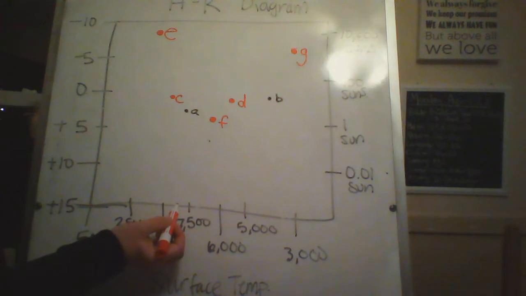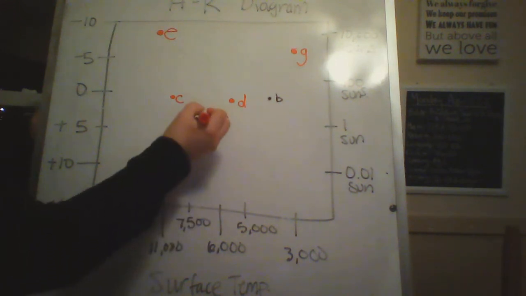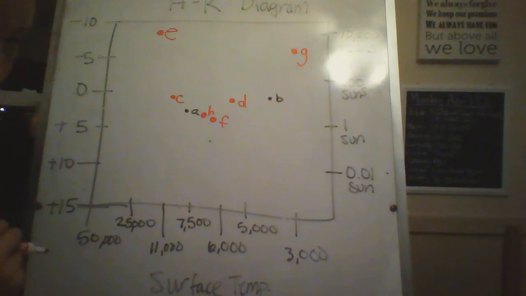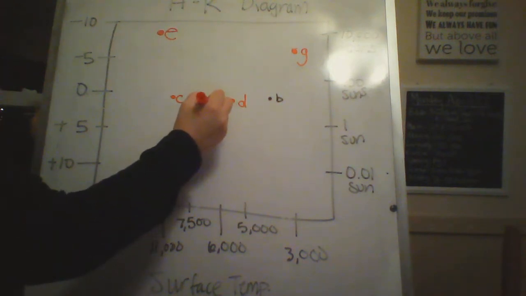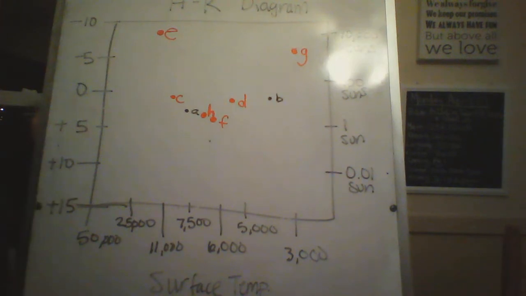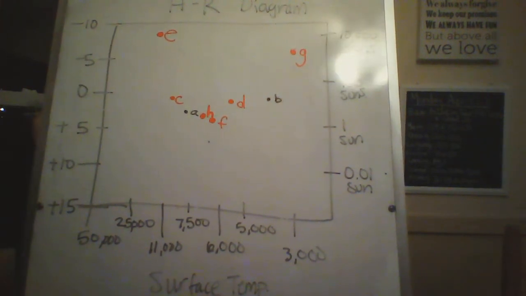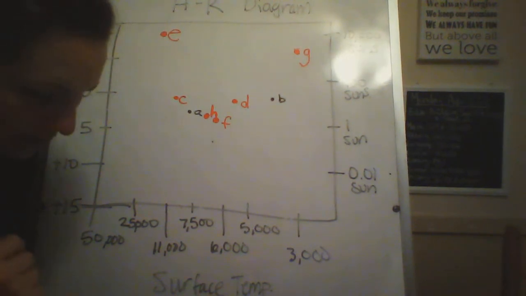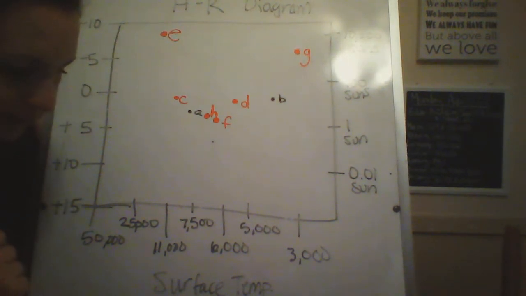So very close to where we were before, between A and F. So we're going to draw it about here, and we're going to label it H. Okay? It's okay that they're close together. All right, so that was star Altair.